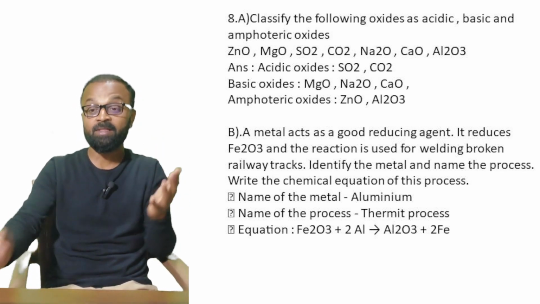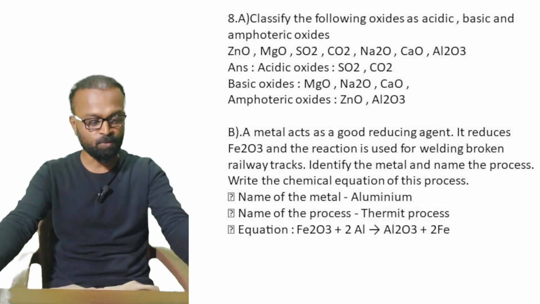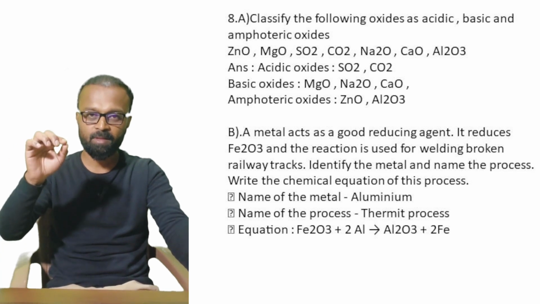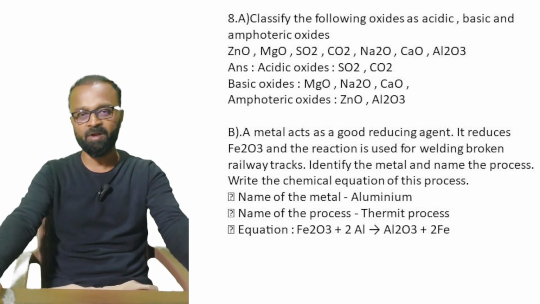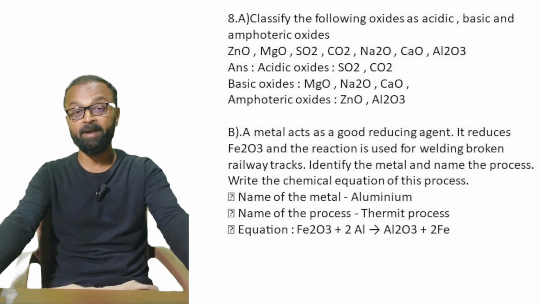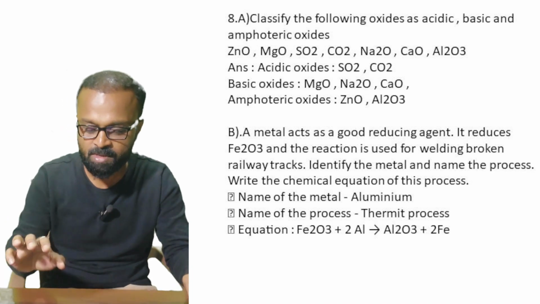That heat is utilized in melting the metal, so that they can use it for welding many different metals. As a large amount of heat is generated in this reaction, it is called the thermite process. Remember, thermite process, and write the balanced equation for the same.